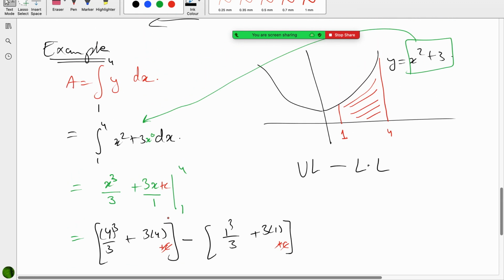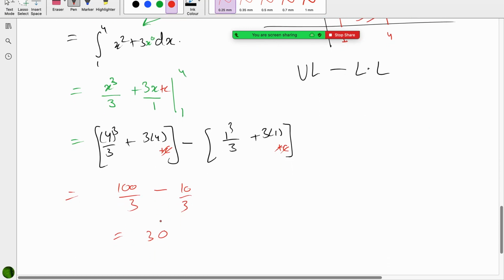So the area under this curve, which is shaded, is 30 unit square. Got it? Yes.